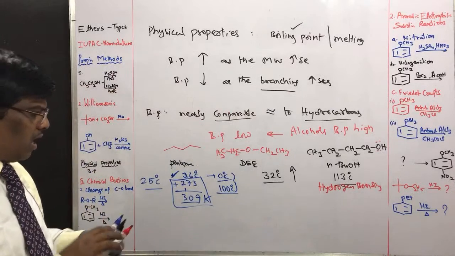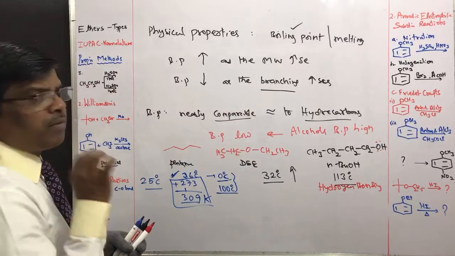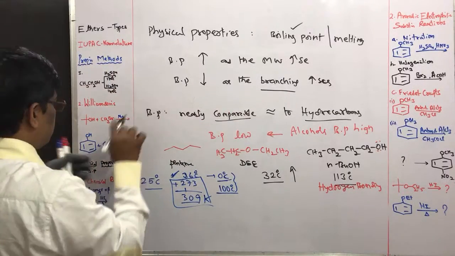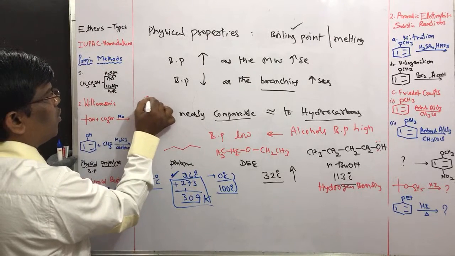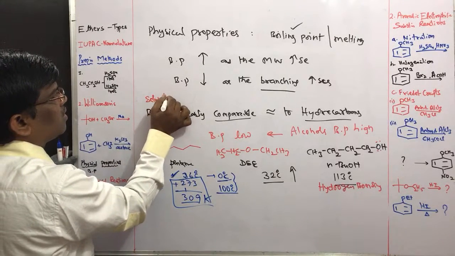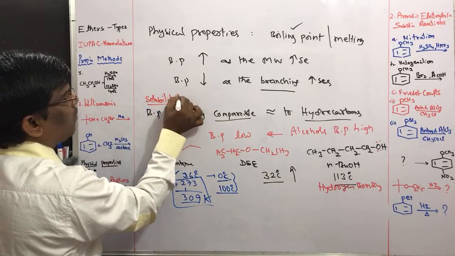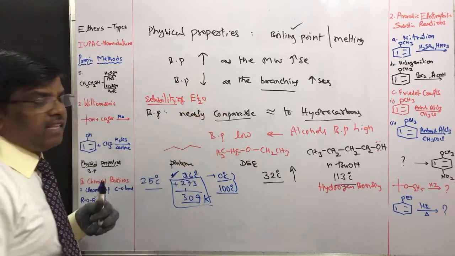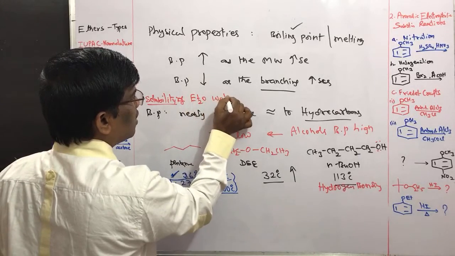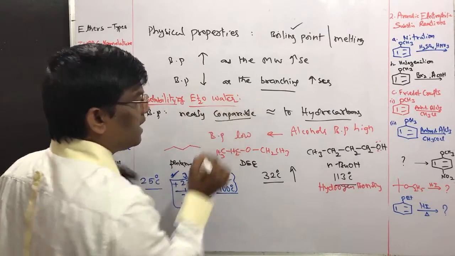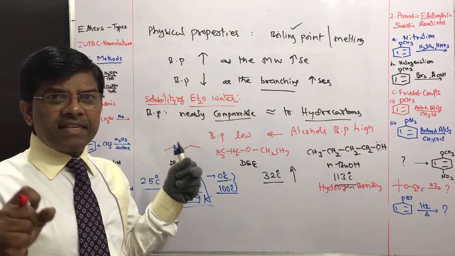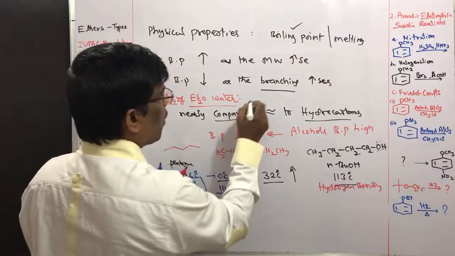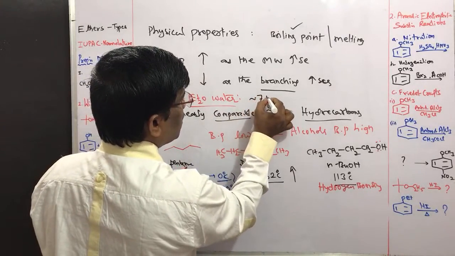And one more phenomenon: it is said in some textbooks that when it comes to the solubility of ether, let me stick to diethyl ether in water. Yes, students, practically it is soluble about 7.5%.